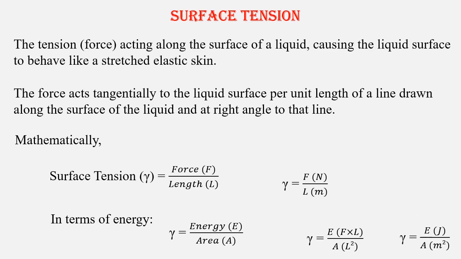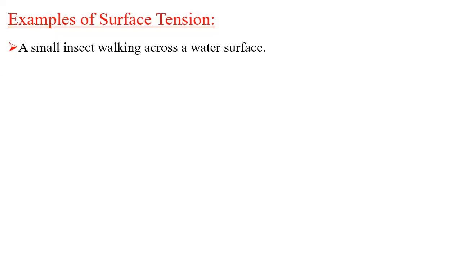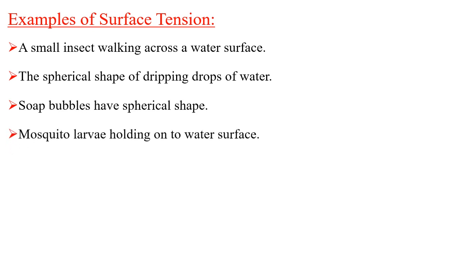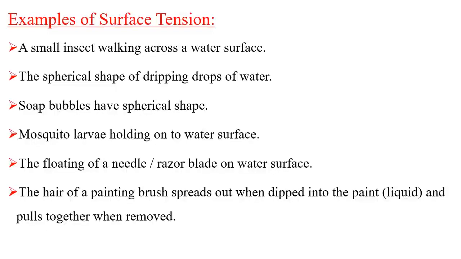Surface tension is justifiable by a small insect walking across a water surface, the spherical shape of dripping drops of water, soap bubbles having spherical shape, mosquito larvae holding on to water surface, the floating of a needle or razor blade on water surface, the hair of a painting brush spreading out when dipped into the paint or liquid and pulling together when removed, and excess pressure in bubbles and cupped liquid surfaces.